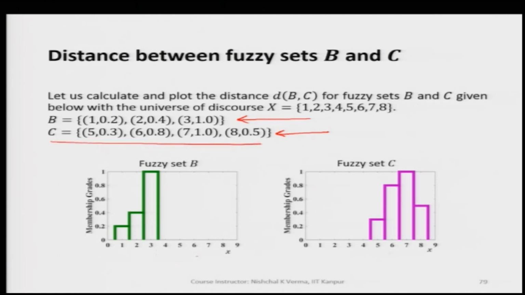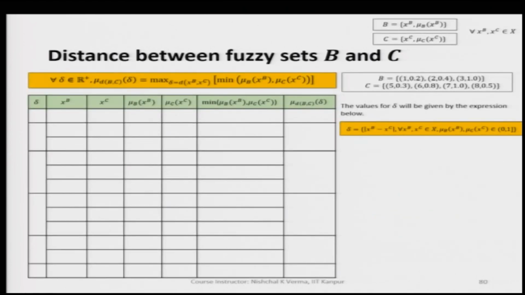So, we have again these two fuzzy sets B and C, both on the same generic variables. Let us quickly go ahead and find the distance between these two fuzzy sets.